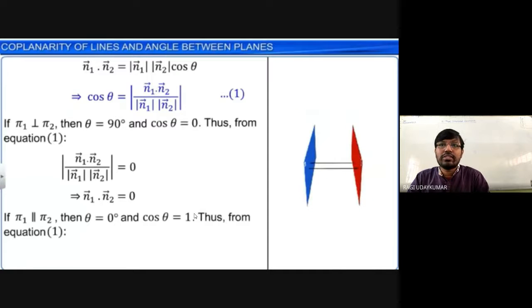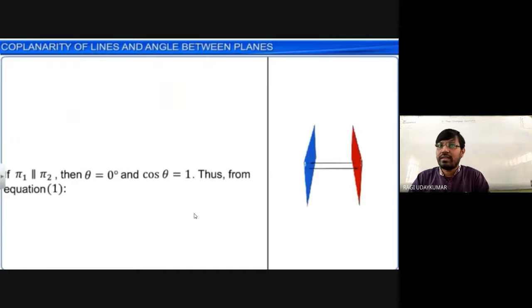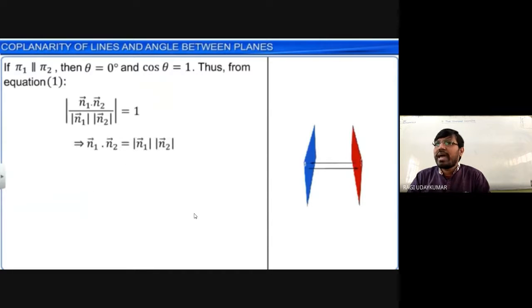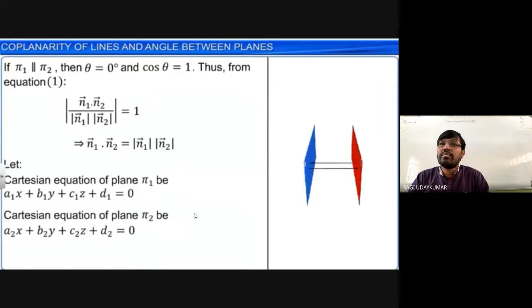So in that situation parallel होता है तो the n1 and n2 parallel होता है तो if the two planes are parallel, their normals are also parallel. Normals parallel हो गया तो n1 dot n2 is equals to magnitude of n1 and magnitude of n2 equal हो जाता है. So the dot product will be equals to the, so now Cartesian form of equations.